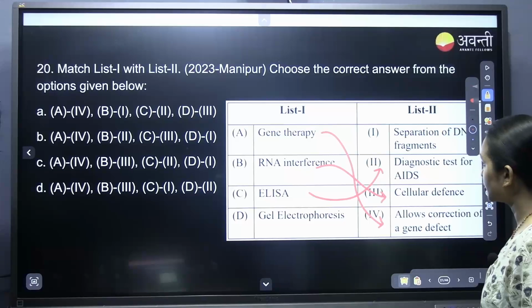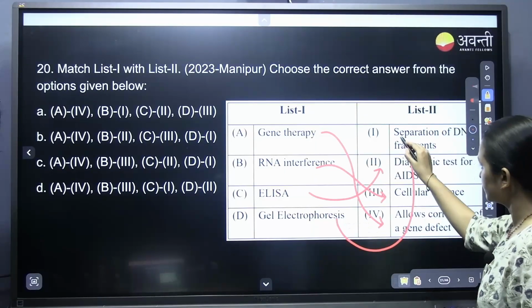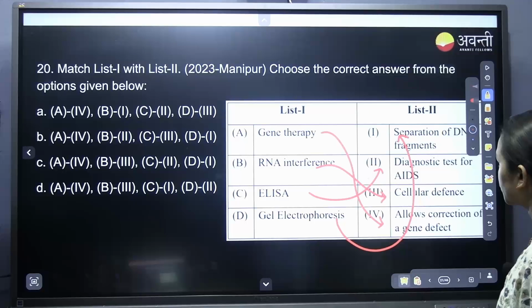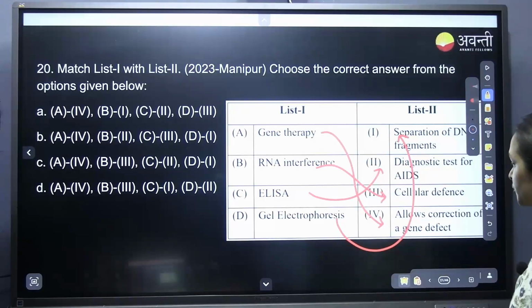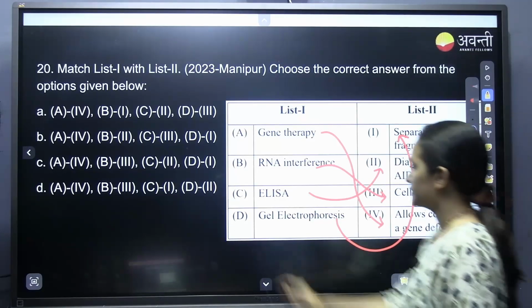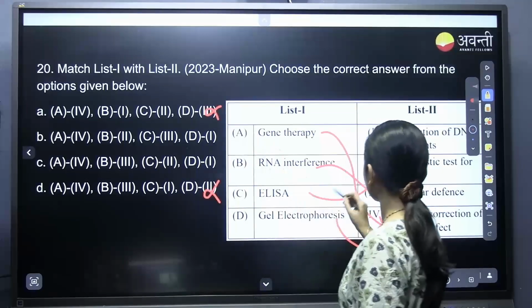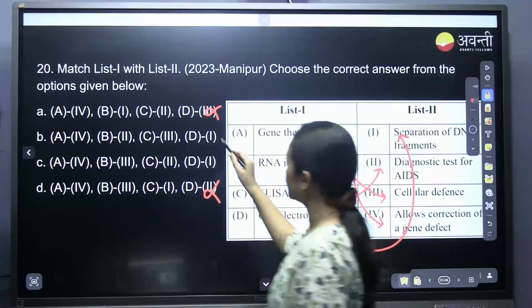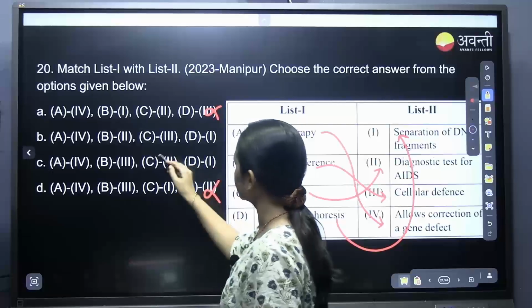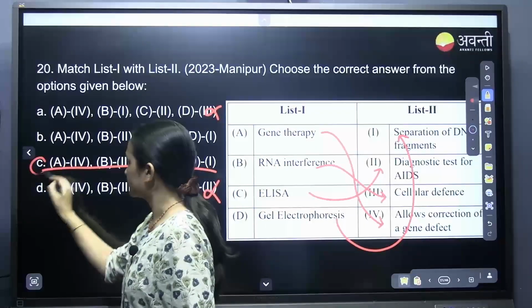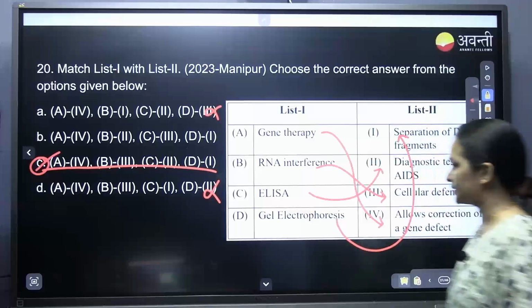And gel electrophoresis, separation of DNA fragments. So D1, C2. Option C is the correct answer.